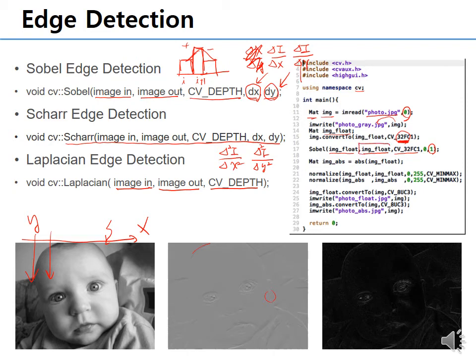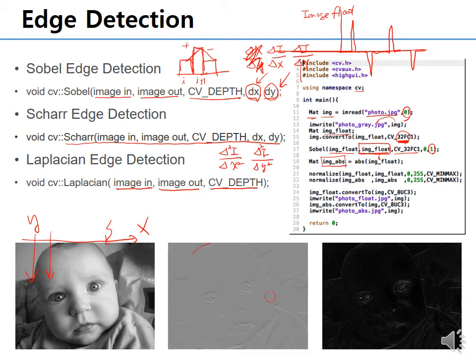After they take the image float, this is the output of Sobel edge detection, then we create another Mat, image abs absolute. So we take the absolute of image float. For example, image float can have plus edges and minus edges.